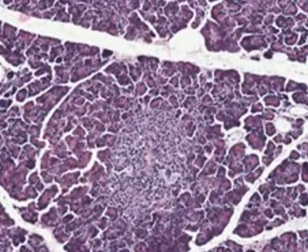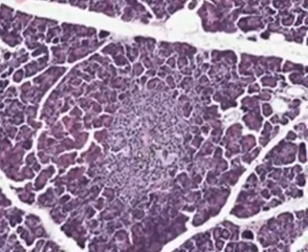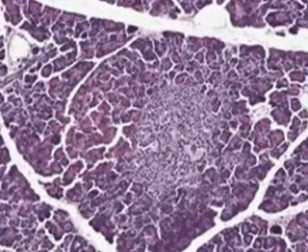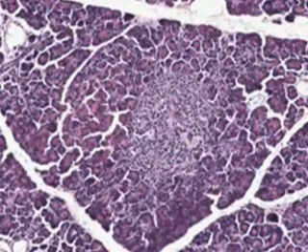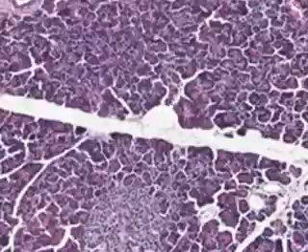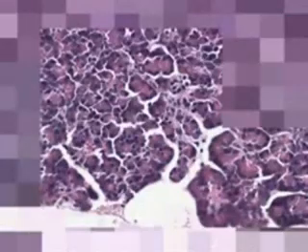Notice how it has no ducts or granules in it because it's strictly having the alpha cells, beta cells, so forth, secreting hormones into the blood, whereas in the exocrine portion of the pancreas we have zymogen granules secreted into the duct system. Let's take a closer look at a duct and some of the exocrine areas.